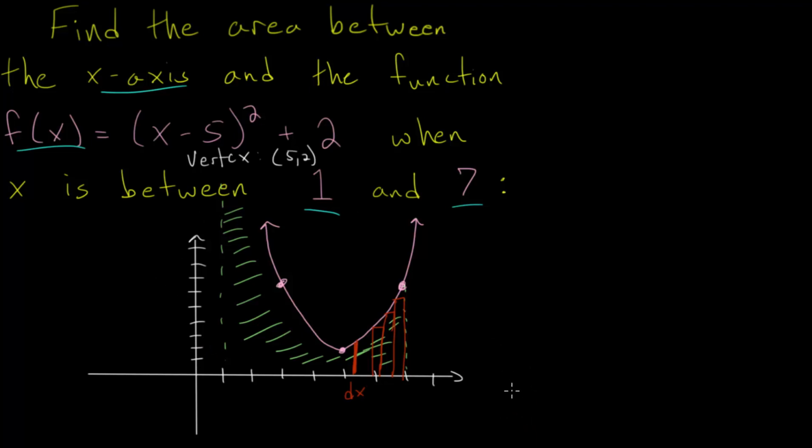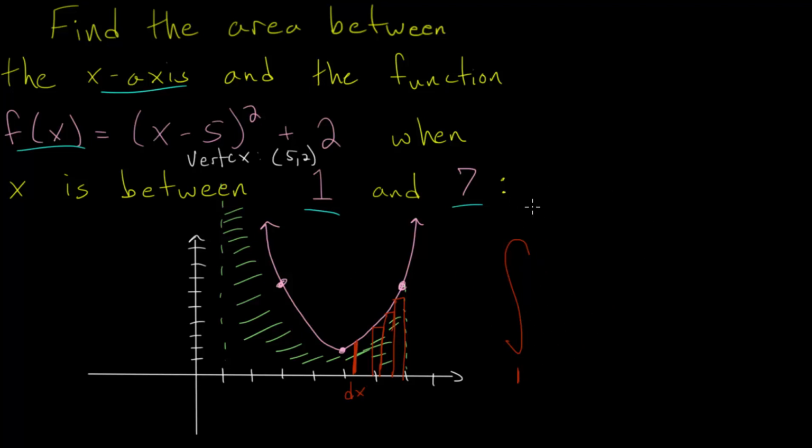That sounds complicated because it is a bit complicated. We have to add up an infinite amount of rectangles here, but this reduces to a relatively simple operation where we will take what's known as an integral. This is just an elongated s. This just means sum. And we have limits of our integral.